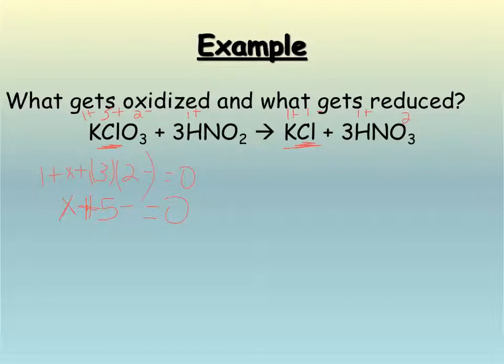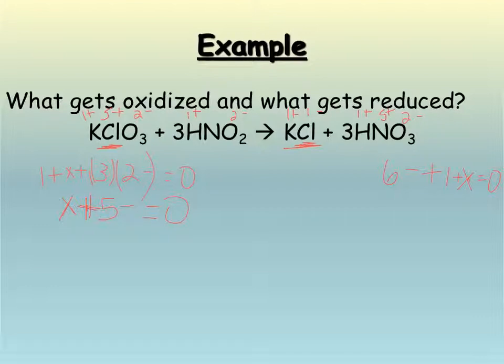Our oxygens are 2- in both these cases. There are 3 of them, so that's 6- over here. Then you still have your 1+, and we're looking for the nitrogen, all equal to 0. So our nitrogen over here is 5+.